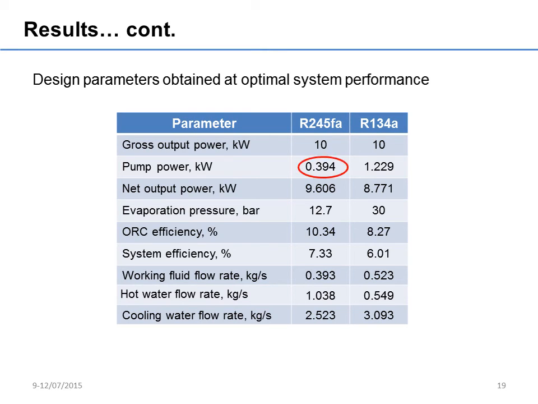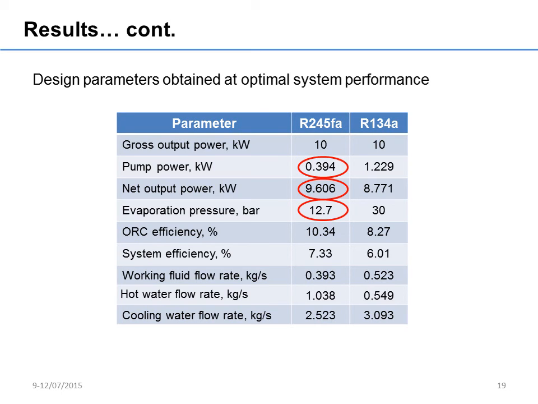So we can see that R245FA requires less power consumption from the pump, and this may affect the net output power, which means more net output power for the R245FA.